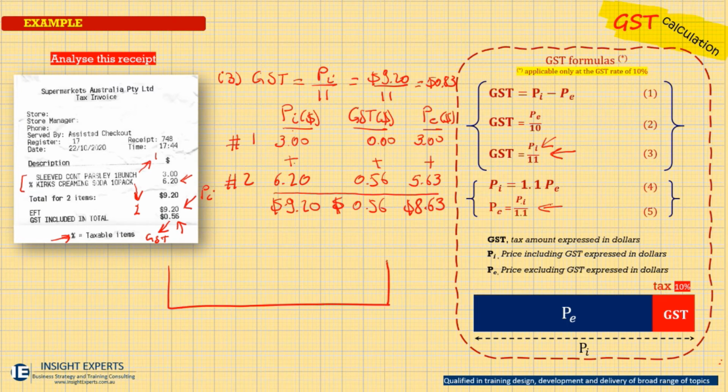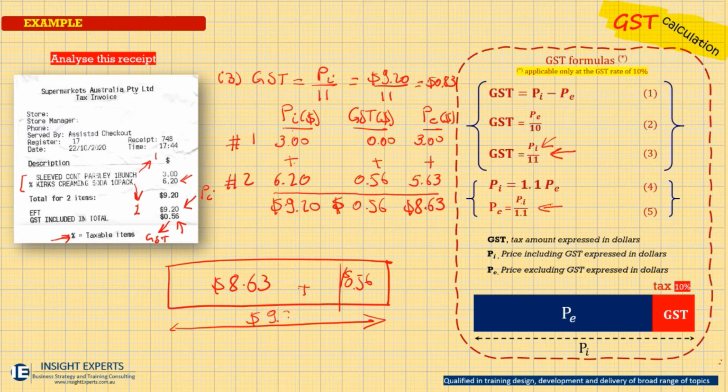Again, what happens graphically, 56 cents goes to the taxman. Now the supermarket will pocket as a gross profit $8.63, and you as a customer will end up paying the total, which is $9.20.